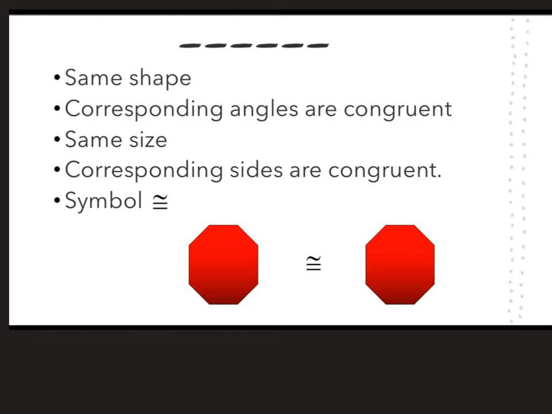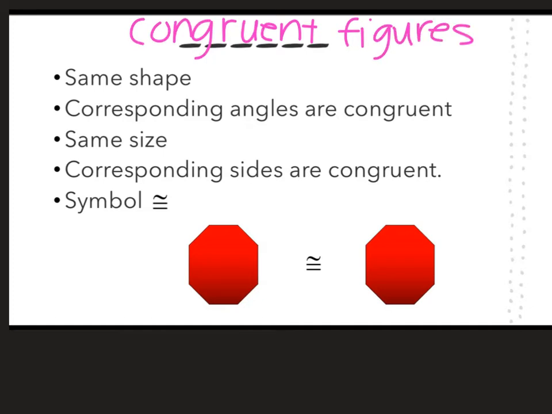All right, next one is going to be congruent figures. Remember I told you in that first slide, congruent means equal. So in congruent figures, they are the same size, same shape, everything is the same. So corresponding angles, like in these two shapes, if this angle here and this angle here, they would be exactly the same.